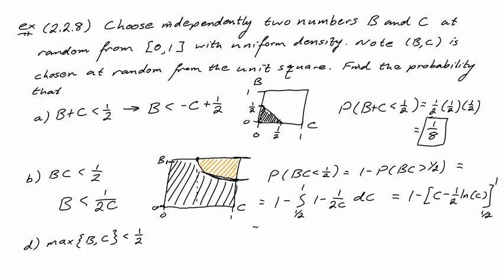If we go through and plug those values in, we get 1 minus 1/2 natural log of 1, which is 0, minus 1/2 minus 1/2 natural log of 1/2.